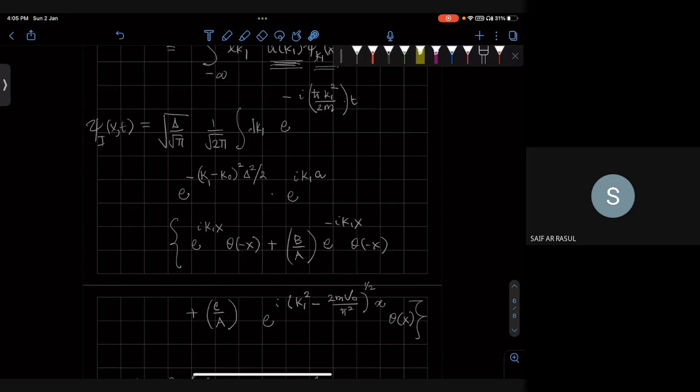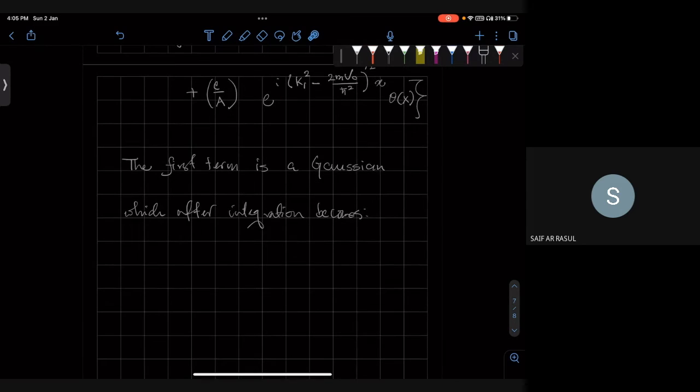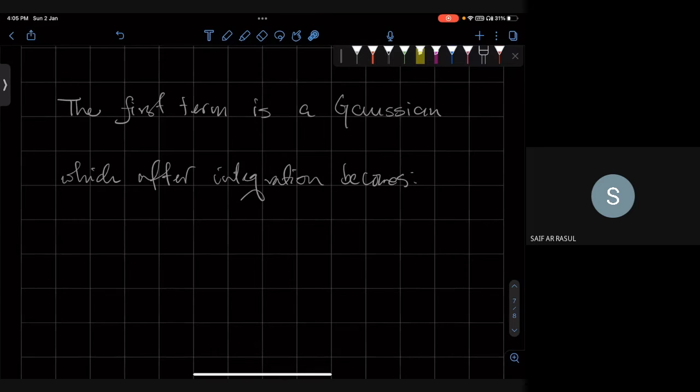All right. So we're doing the integral over K1, so we can factor out this theta. This theta doesn't matter. After integration, this Gaussian becomes, and this expression is harder to show, but this is something we will show, theta minus x. This is of course factored out.